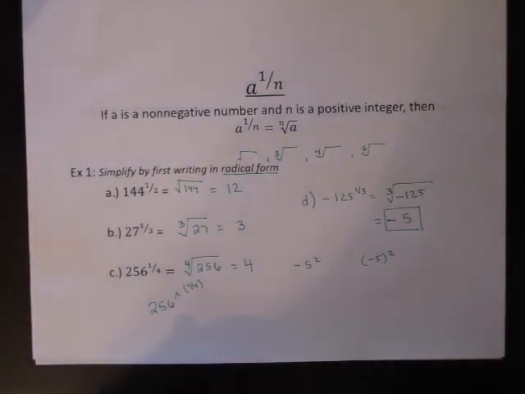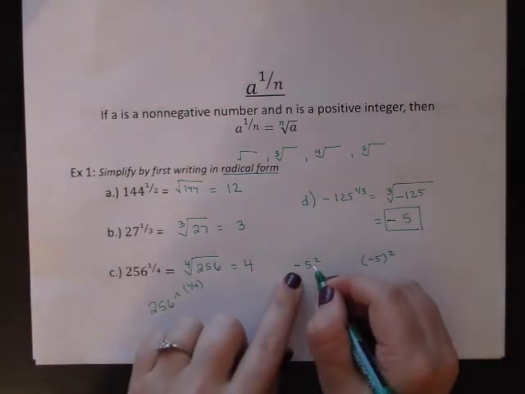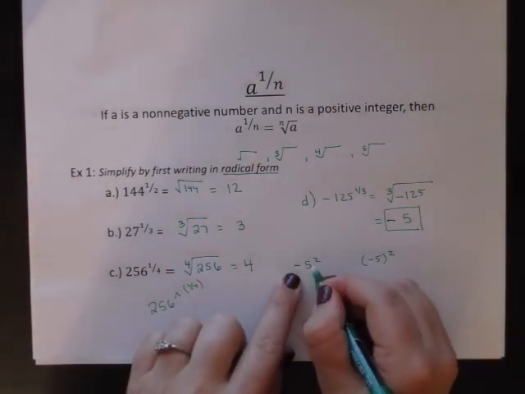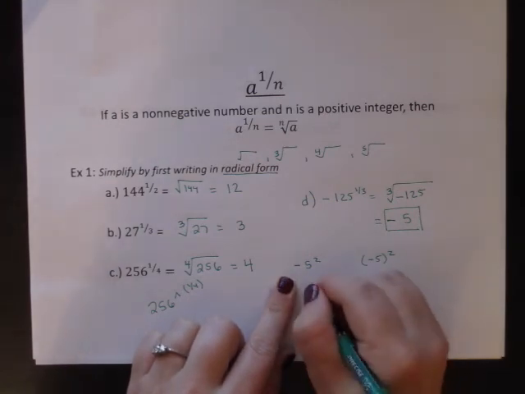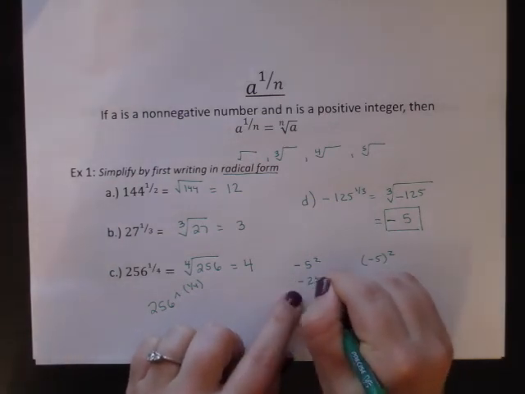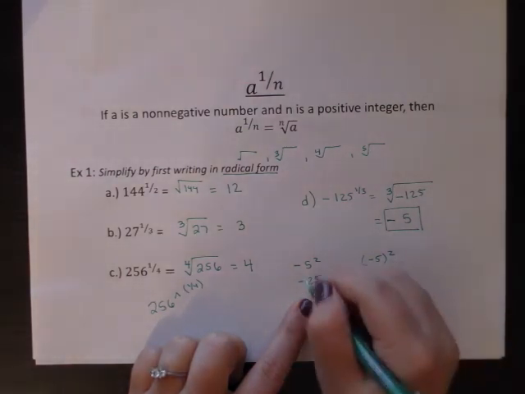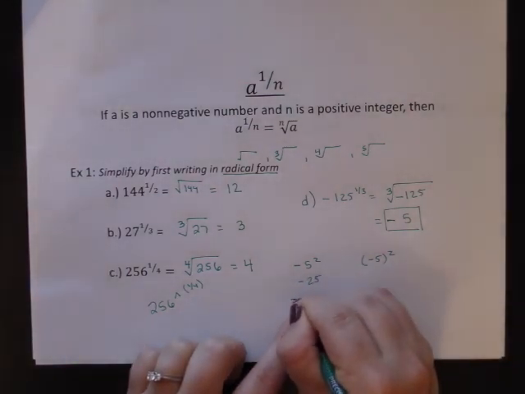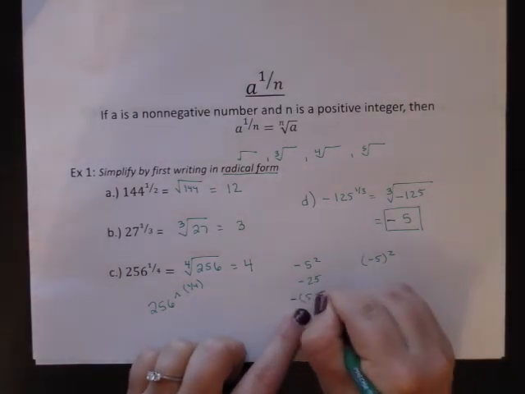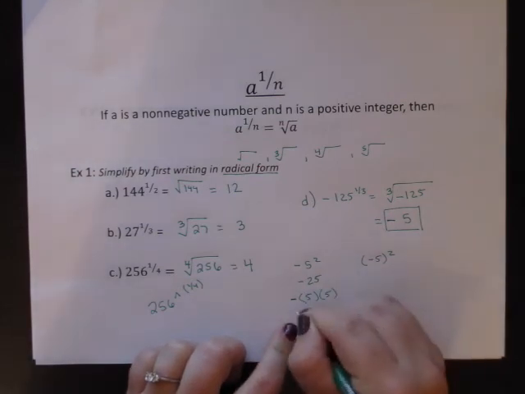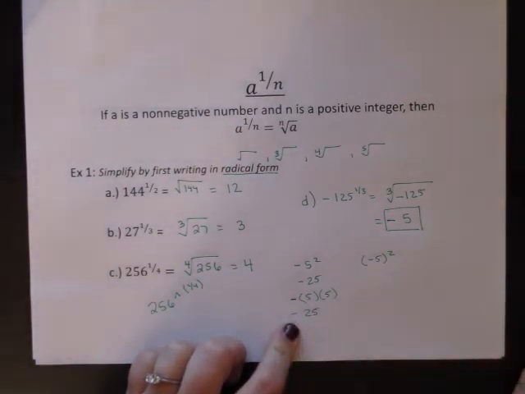then that negative is going to stay negative, but if it is an even root or even exponent, then you have to make sure and watch your parentheses, because right here it says negative 5 squared. If you plug that into your calculator, you're going to get negative 25, because what your calculator is reading is the negative on the outside and all they're squaring is the 5. So 5 times 5 is 25, so that's where we get negative 25.